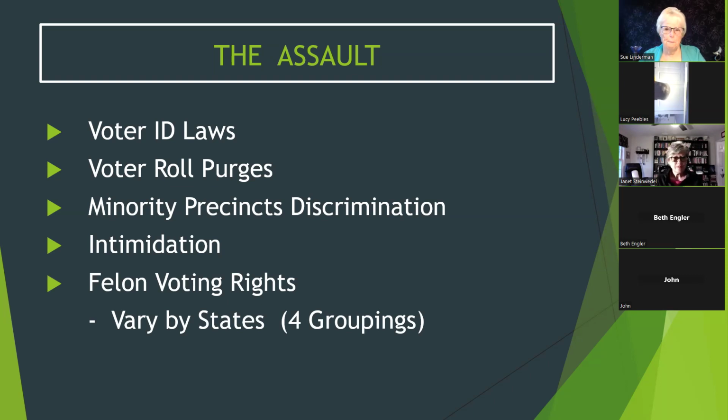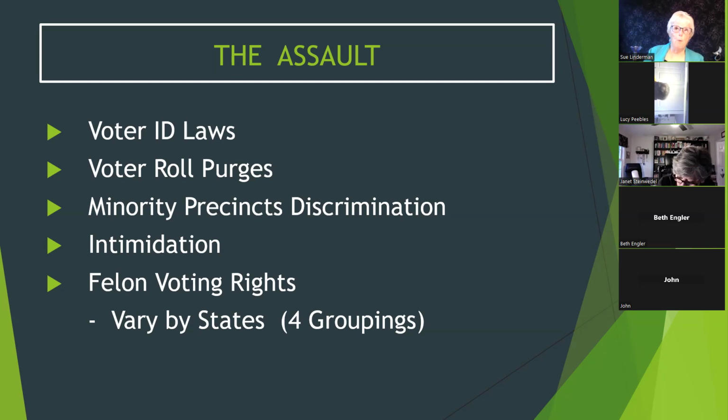We know that there is a just disproportionate number of African Americans who are convicted felons in our country as a result of our criminal justice system. And so felon voting rights also play a significant role in disenfranchising African Americans. There are 2 states in our country, Maine and Vermont, where you never lose your right to vote.